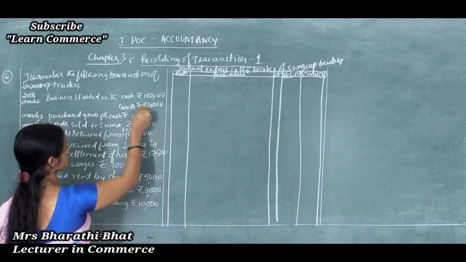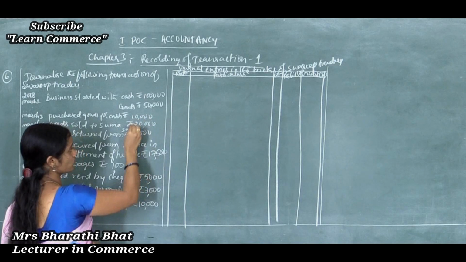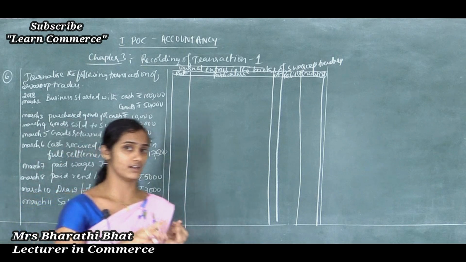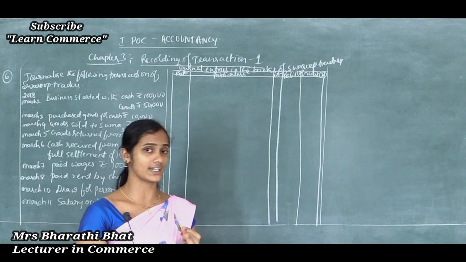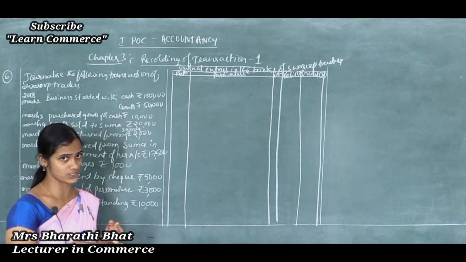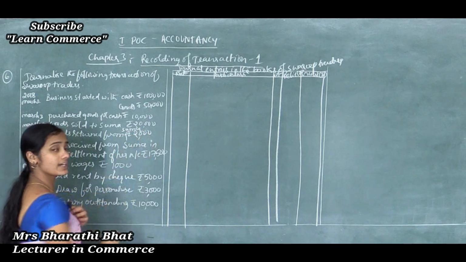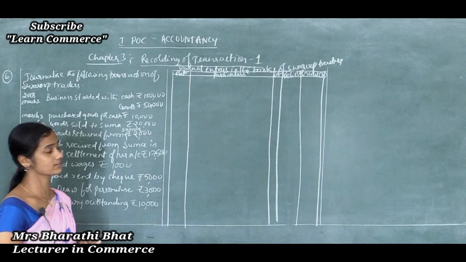Actually 20,000 was to be received, now 2,000 worth has been returned. So now the total debtors amount is rupees 18,000, because 2,000 worth of goods was returned to the seller.